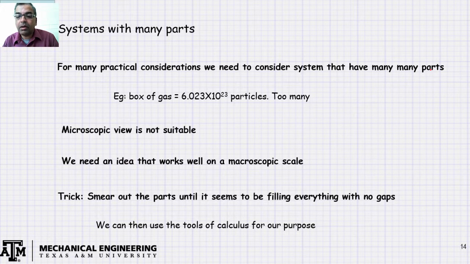So what we do is we smear out the molecules so that they are completely obliterated, and the material in the pen will now be assumed to be filling everything with no gaps. If it is molecules, you know that there will be gaps, right? Quantized lumps. So molecules are lumpy, and lumpy things will have gaps, and we want to make sure that there are no gaps.